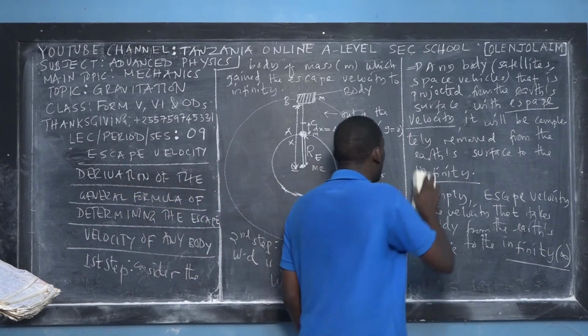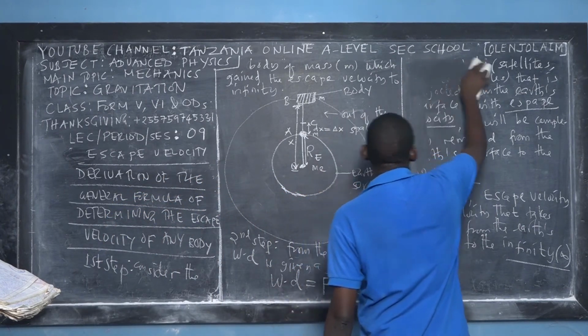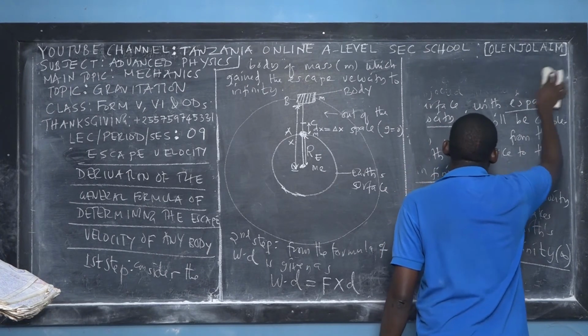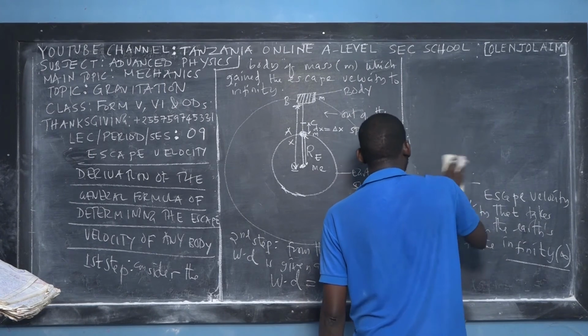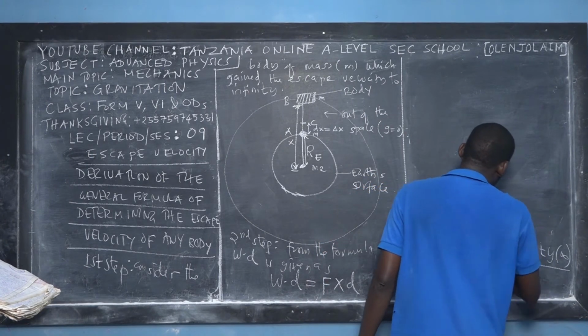I believe that you remember in the previous lecture, lecture 8, we discussed that. Work done is equal to force times distance.